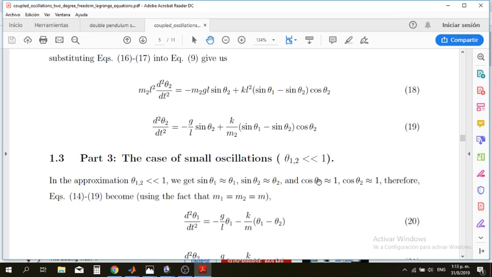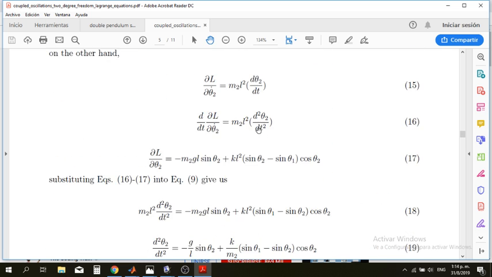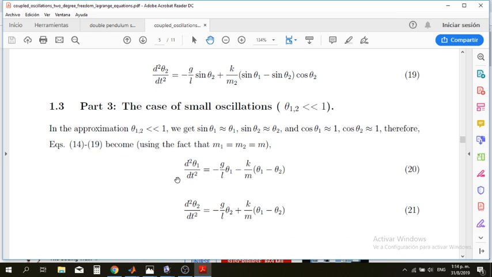We know that cosine of theta 1, when theta 1 is very small, can be considered equal to 1, and cosine of theta 2 will be equal to 1. So using this approximation in equation 19 and equation 14, we get equation 20 and equation 21.